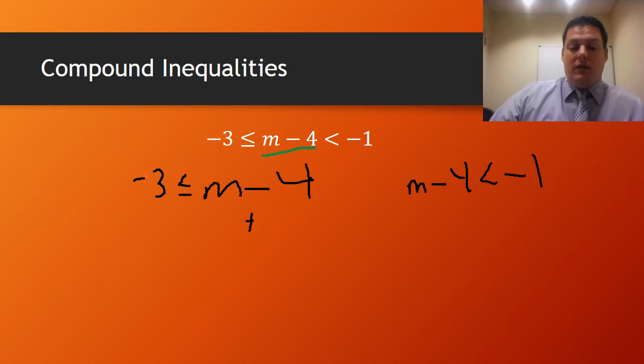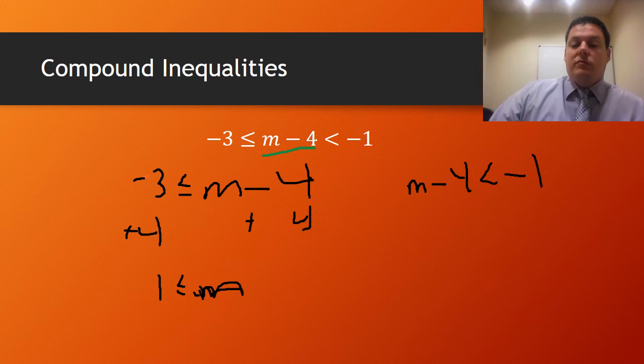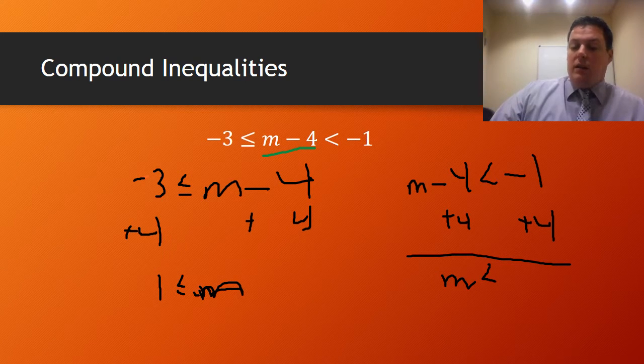This one we want to add 4 to both sides. We see that m is greater than or equal to 1. And then this side we add 4 to both sides. We get m is less than 3.